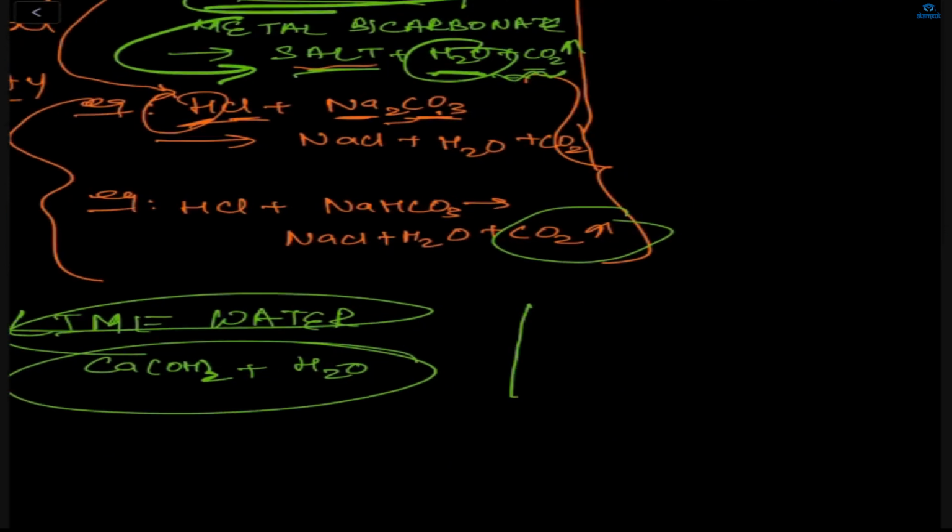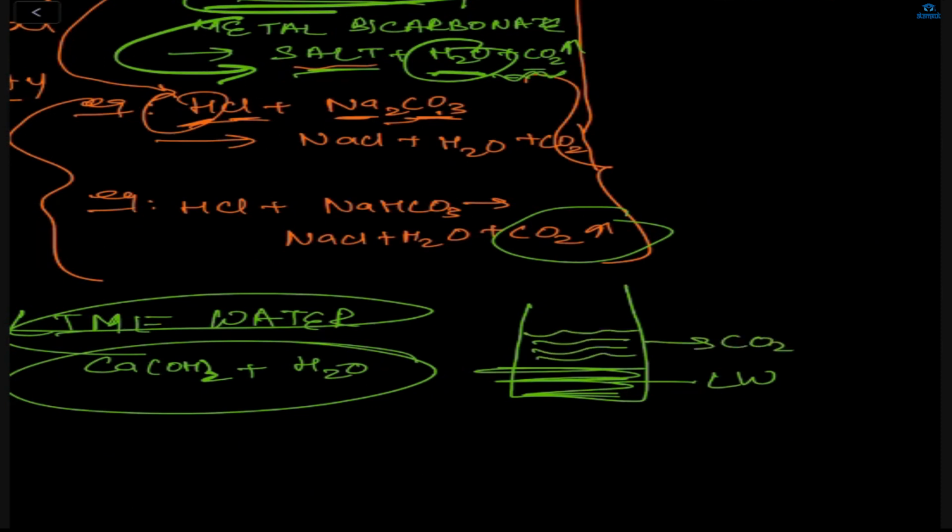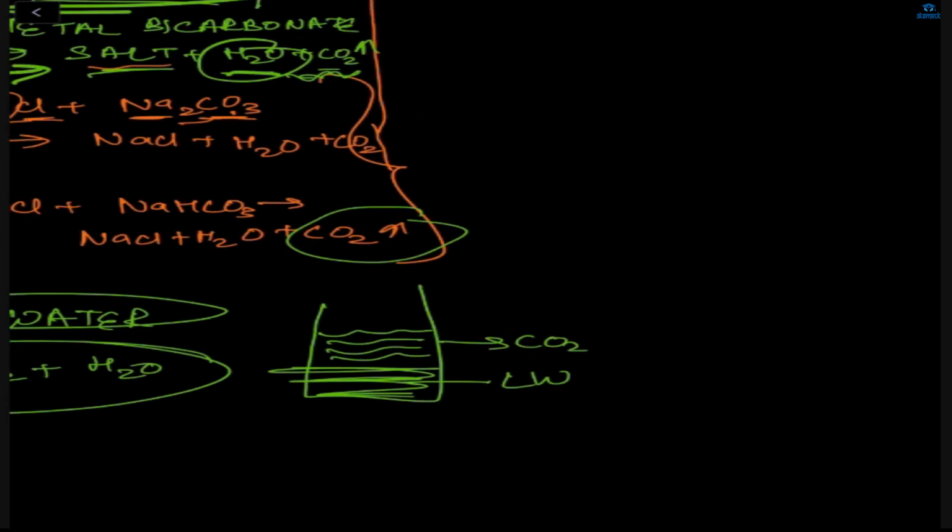For example, this is my lime water, and here is my CO2. Earlier it will be in a transparent color.